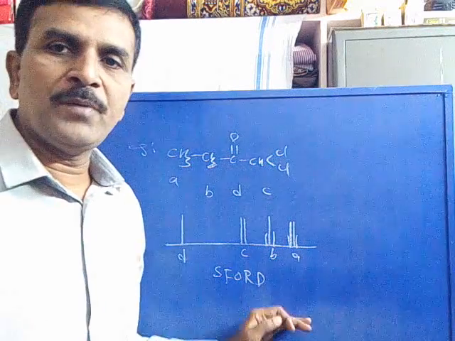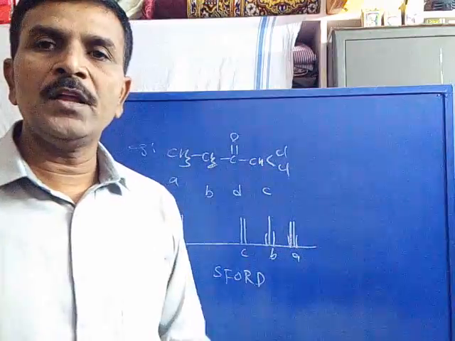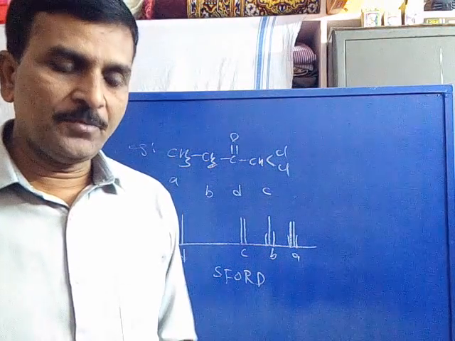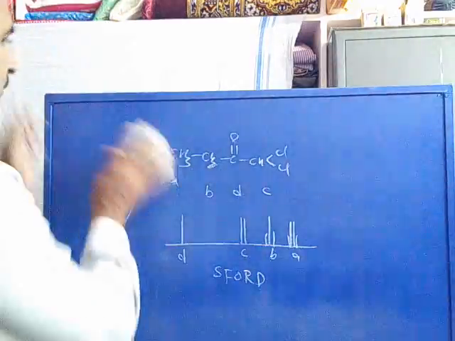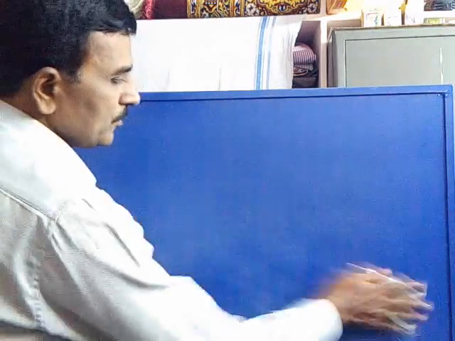So up to this part, I completed the topic. Now you have to study a few more types of C13 NMR spectroscopy. In today's class we have to discuss the leftover experiments, the types of C13 NMR spectrum.